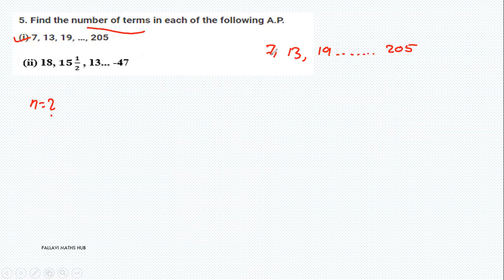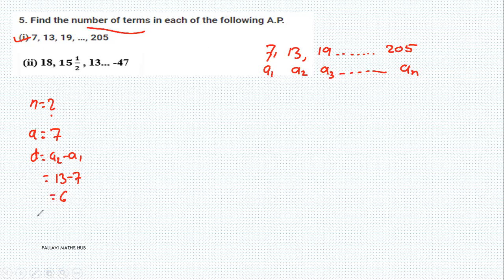Okay. This one is the first term A1, A2, A3 continuing up to the last term AN. First term A is equal to 7, D is equal to A2 minus A1, A2 is 13 minus 7. So 13 minus 7 is 6, and the last term is AN.